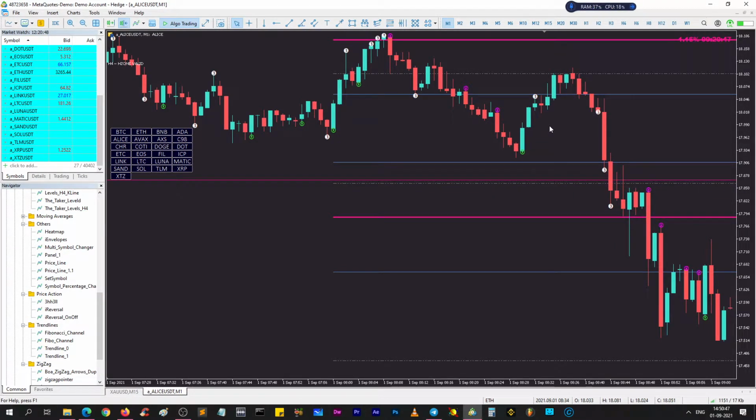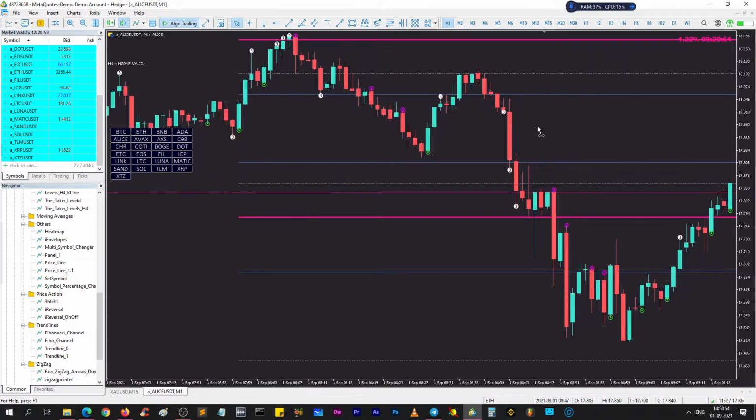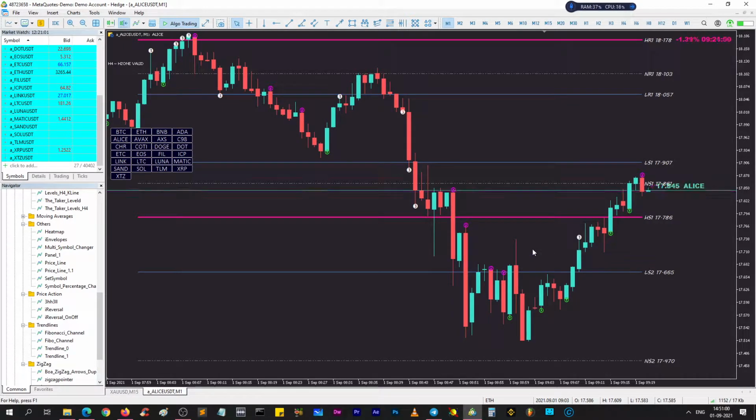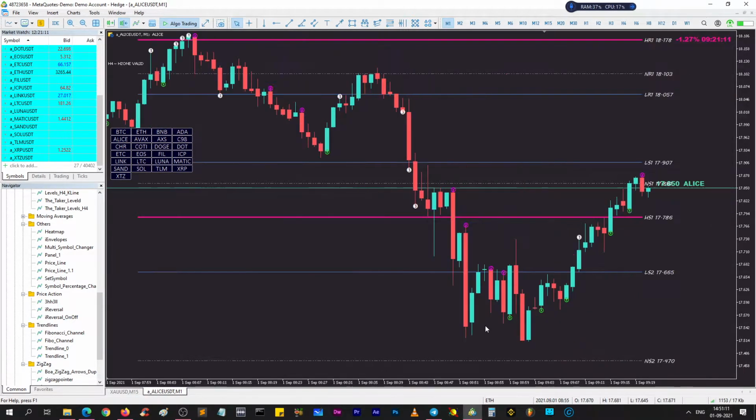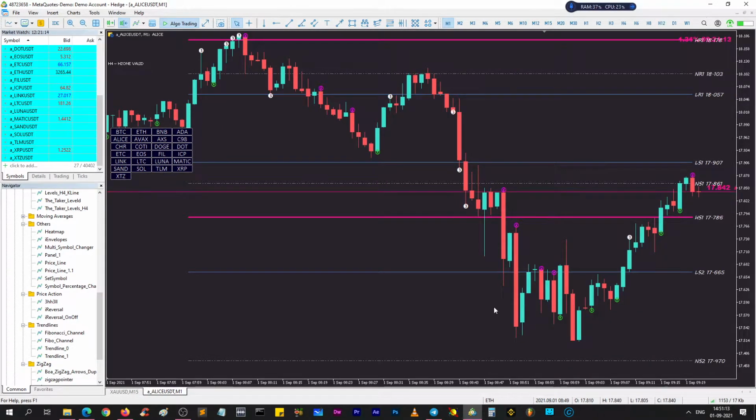So after that, one method I want to tell you is that once the price has touched the line, you have to find any reversal pattern like this one. As you can see, there is a reversal down, but there is a reversal up as well, but you can't find something like this here. There is a hammer.